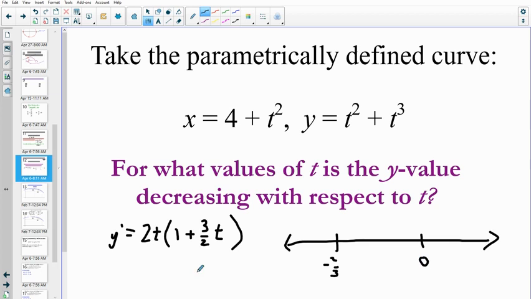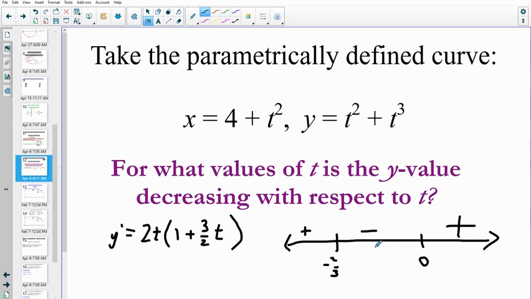And then I'd plug in values less than negative 2/3, where this quantity would be negative and this quantity would also be negative. So negative times negative is positive. At times between negative 2/3 and 0, we've got a negative times a positive. And then finally, when t is bigger than 0, dy/dt is positive. So when is the value of y decreasing? It's going to be between negative 2/3 and 0.